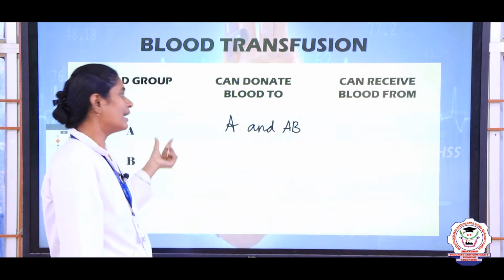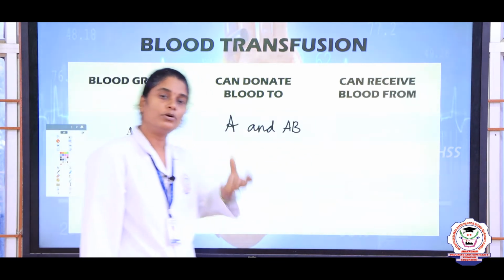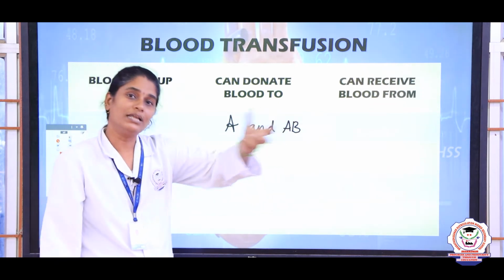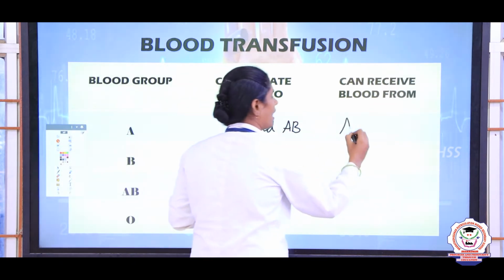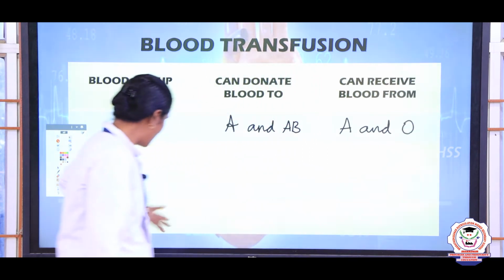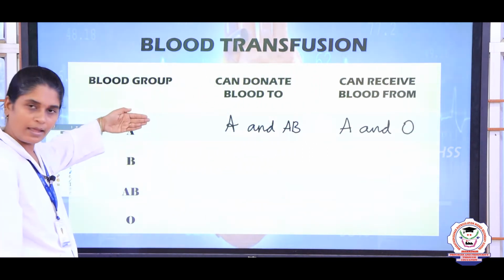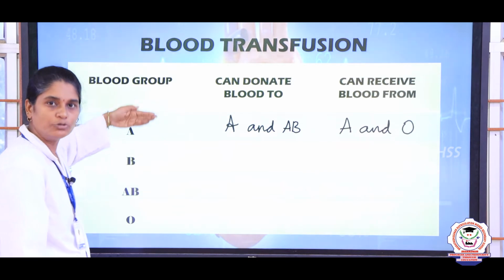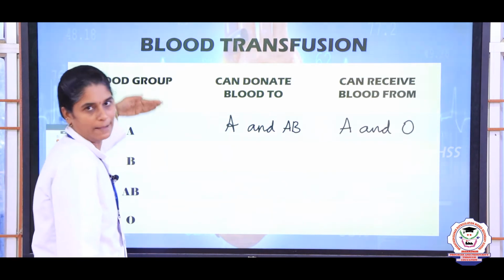But he can receive only from A and from O blood groups. The O blood group can give blood to A, and the same A blood group person can give blood to A, right.